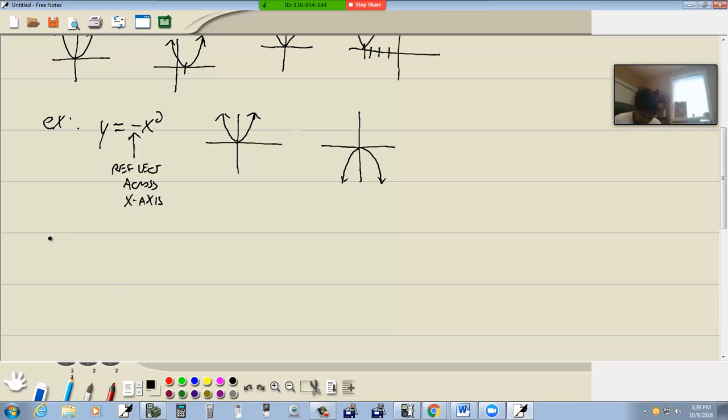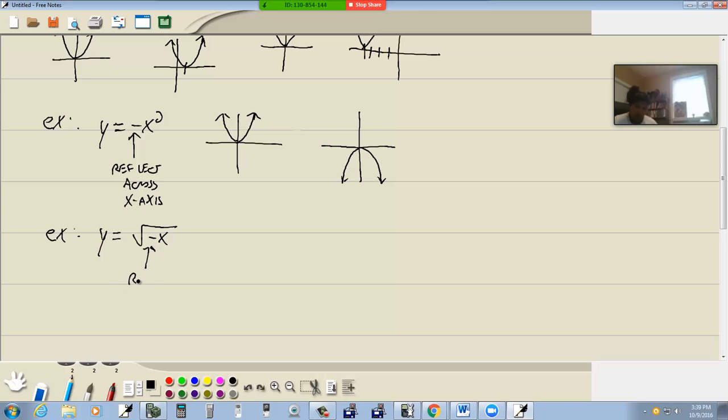Now instead of the negative being out in front, you may find some problems the negative is inside with the x. What does that mean, inside? Well, it could mean inside the parentheses, inside of the square root, inside the absolute value, inside of the cube root, inside of whatever.